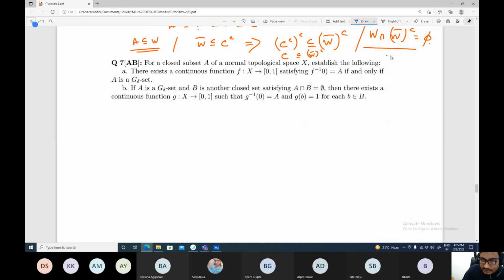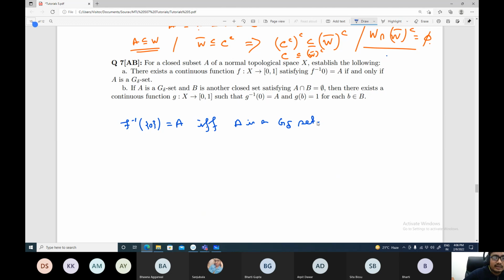What this question says is that we have a normal topological space X and A is a closed subset. The question claims that there exists a continuous function f such that f inverse of the singleton set zero is A, if and only if A is a G delta set.